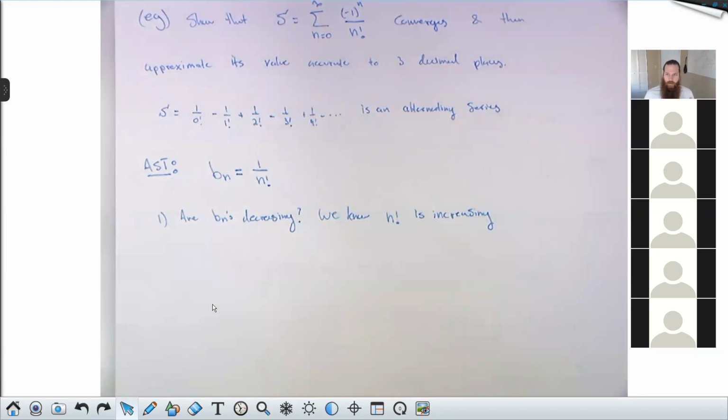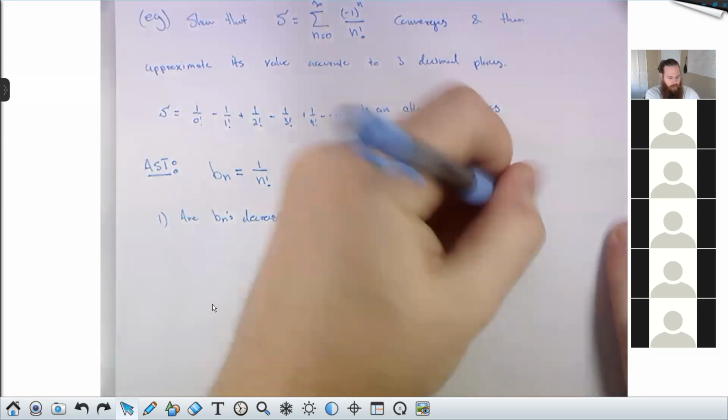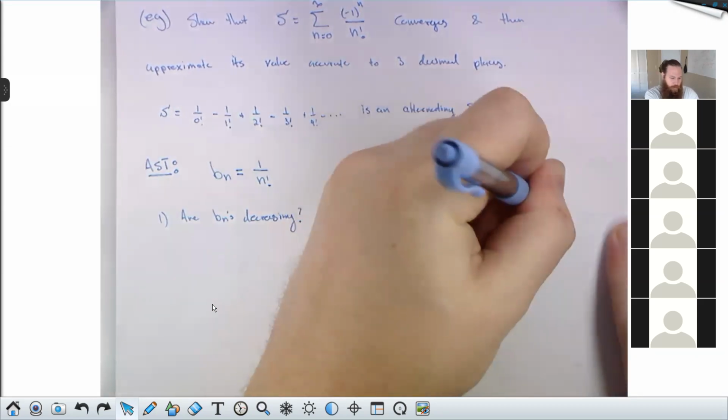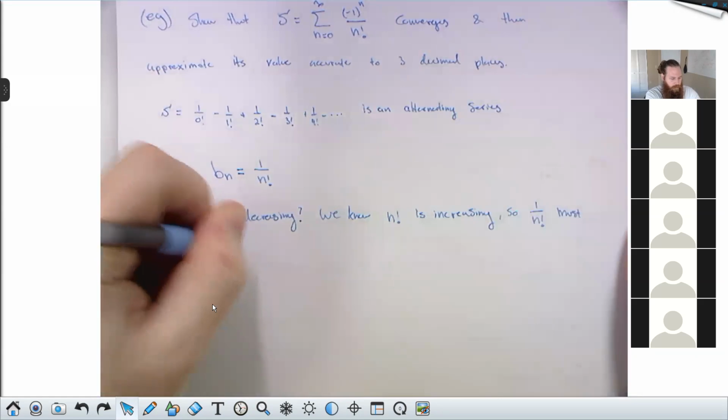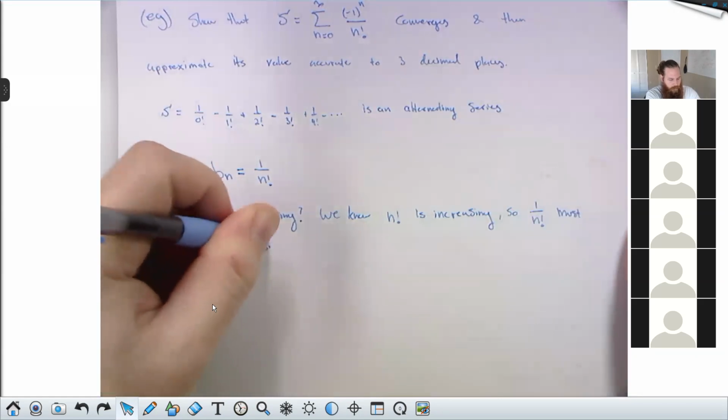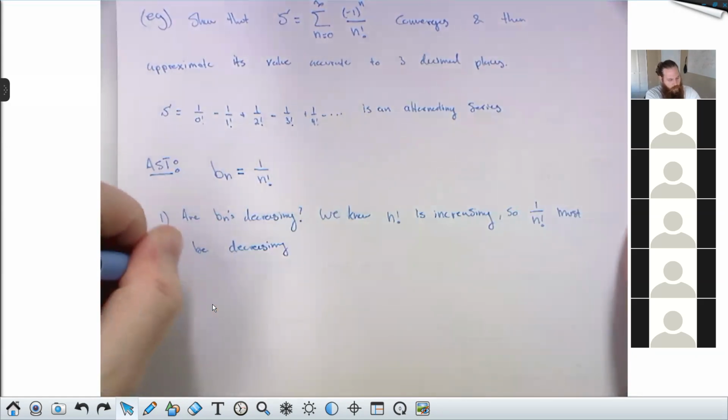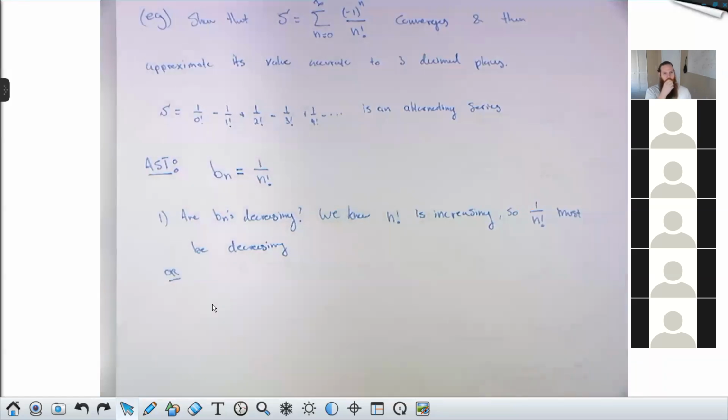We know that as n gets bigger, n factorial gets bigger. So its reciprocal, 1 over n factorial, must be decreasing. Or we could take the derivative, but the derivative of 1 over n factorial is very complicated. It's not an easy thing to differentiate.